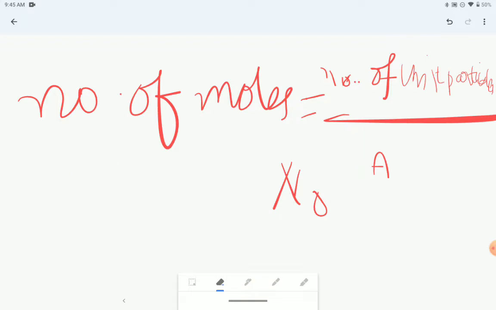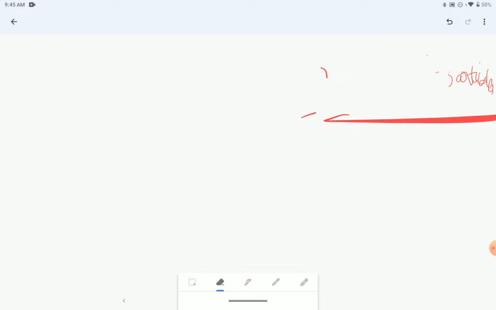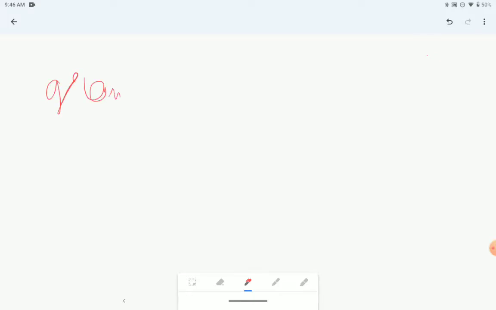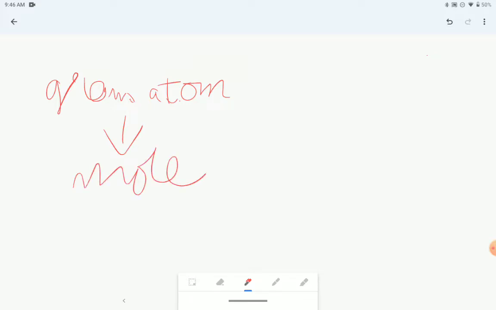And another big doubt for JEE Main students while solving questions is, if in the question gram atom is provided, gram atom is nothing but a mole. Let's take an example.